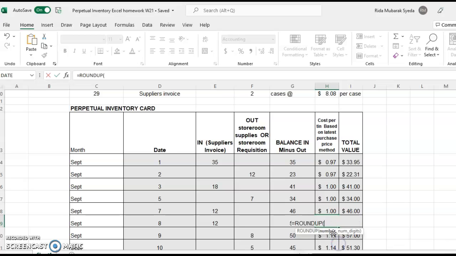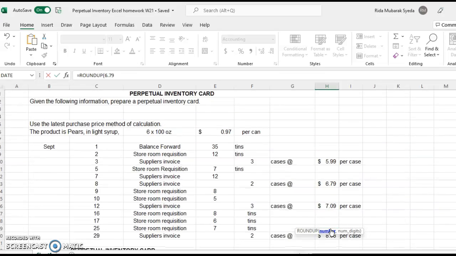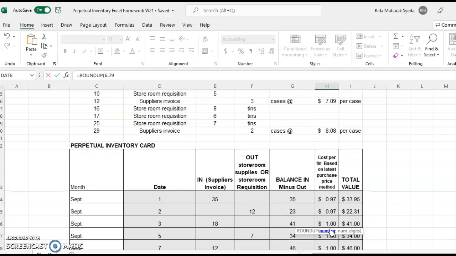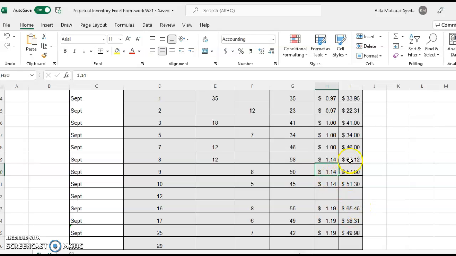Round up 679. Let's make sure that's what we have. 679, yep. And divided by 6, comma 2, close bracket, enter, we get 114, and we get 6612 as our new answer, and that's what we were looking for, because it's supposed to round up to 114.